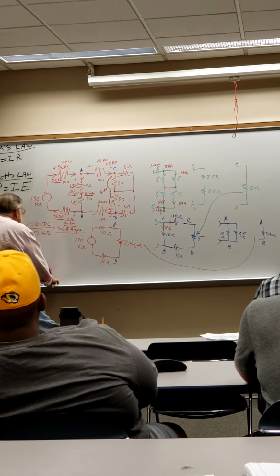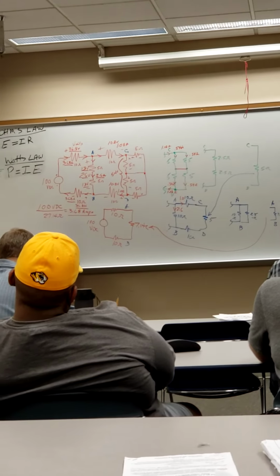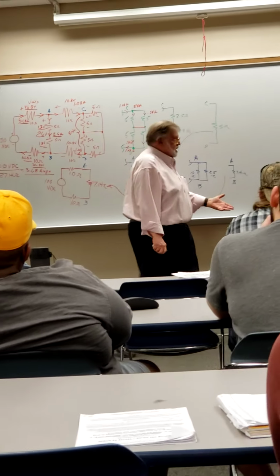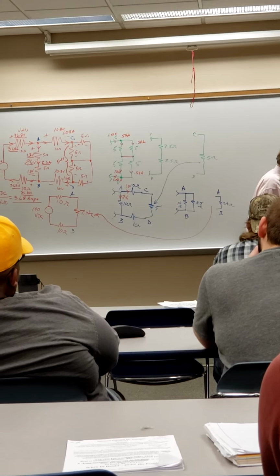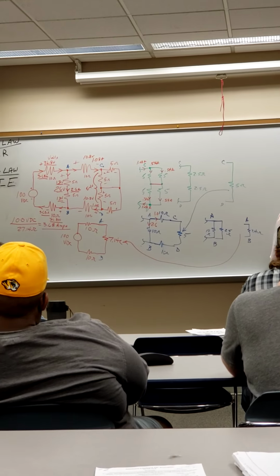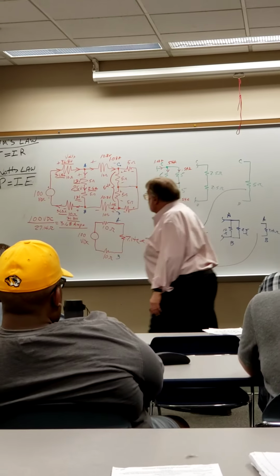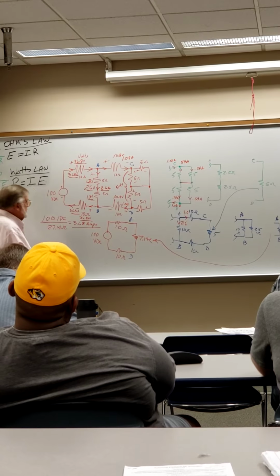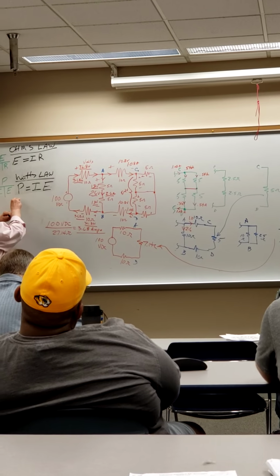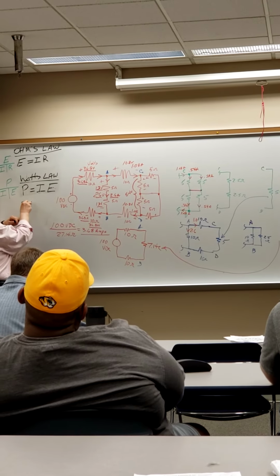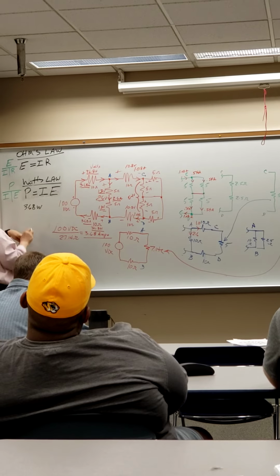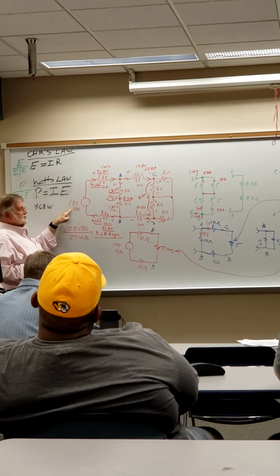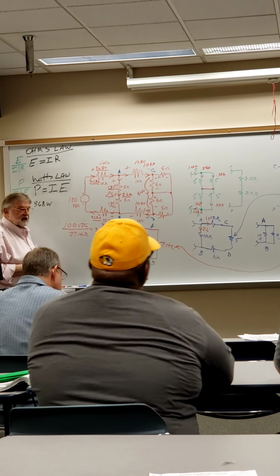Watts. I have all these equations for watts, any one I wanna use, V squared over R, I squared R, IV, whatever I've got. What do I have here? The watts coming from the power supply is 368 watts, because it's 3.68 amps with 100 volts, so my total is 368.